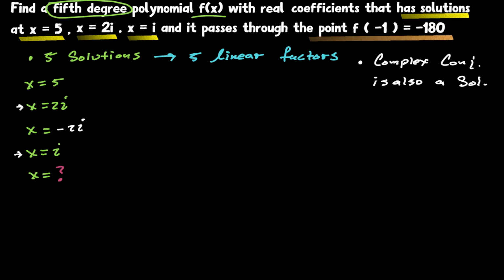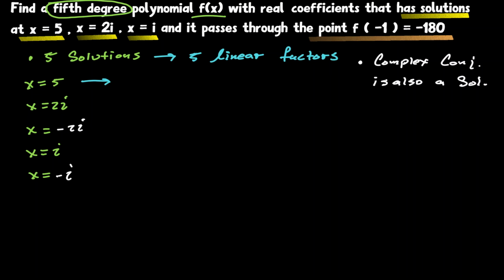We switch the sign of the imaginary part. And if i is a solution, then -i is a complex conjugate, and therefore the last solution that we were missing. And now that we have the 5 different solutions, let's define the 5 different factors that we will be using to define this function.